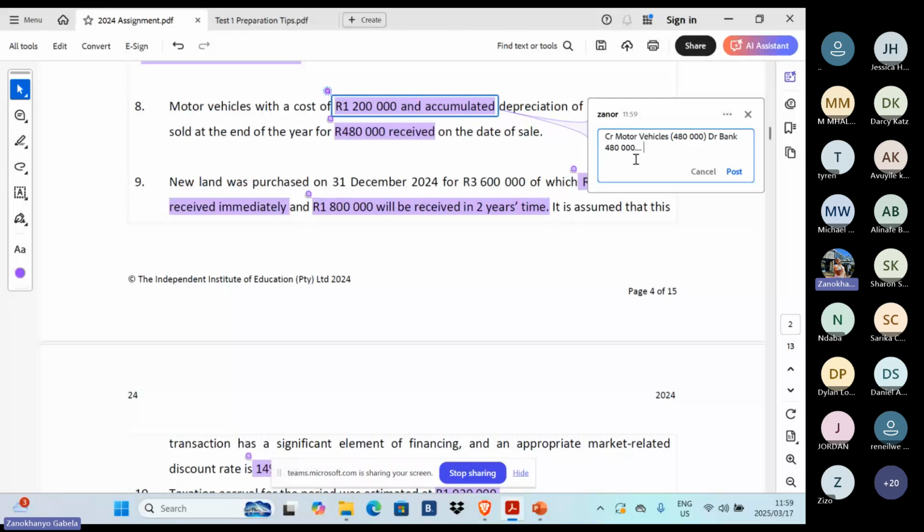In the memo, I think they debited bank, and debited accumulated depreciation of 720, and credited vehicles of 1.2. So whichever way you wrote it, you will still get all the marks, because the idea is that you still balance the same thing. Your balance sheet will still look the same. Nothing will be different.